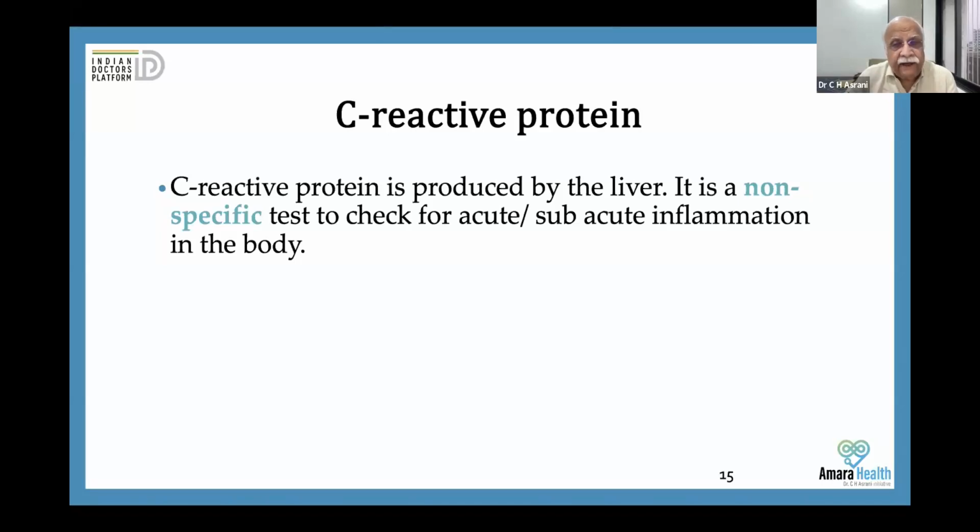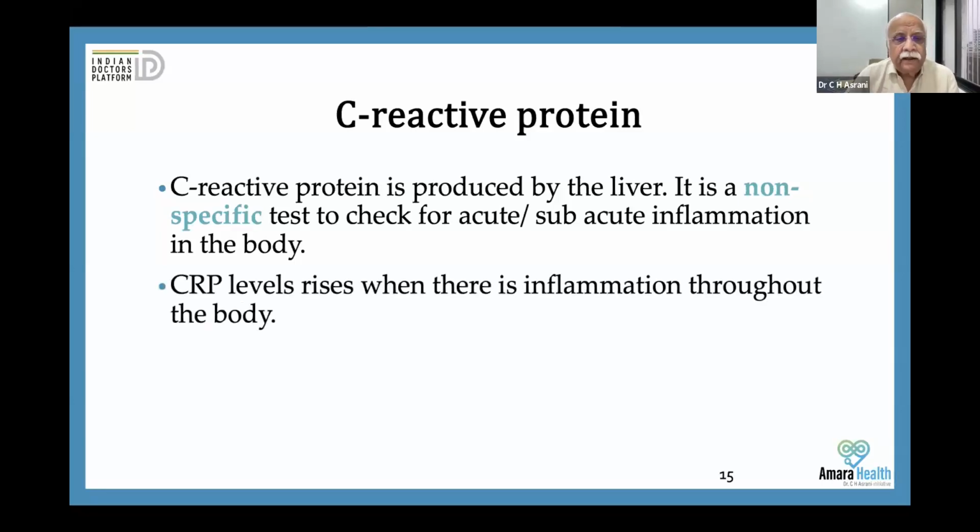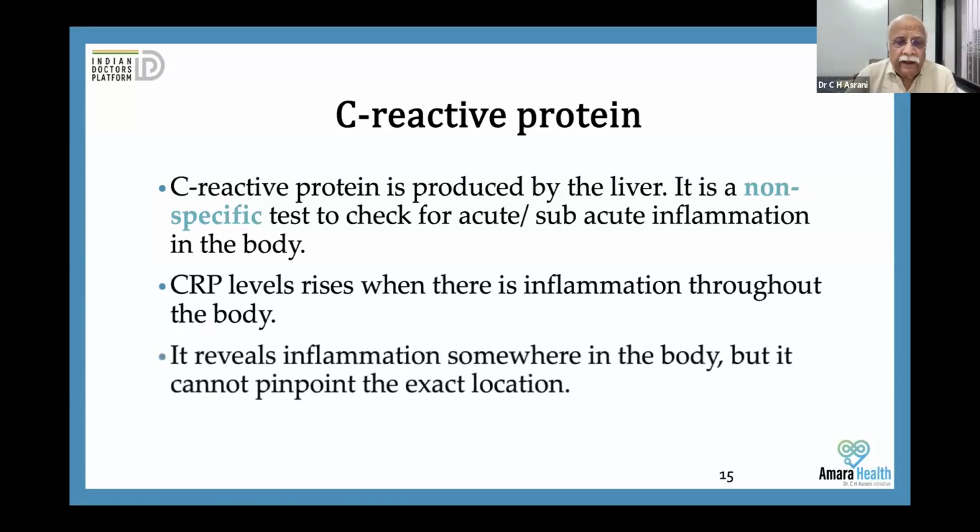You will get CRP high in arthritis, in viral disease, in bacterial disease. The level rises when there is inflammation throughout the body. It reveals inflammation somewhere in the body, but it cannot pinpoint the exact location or the exact cause of inflammation.